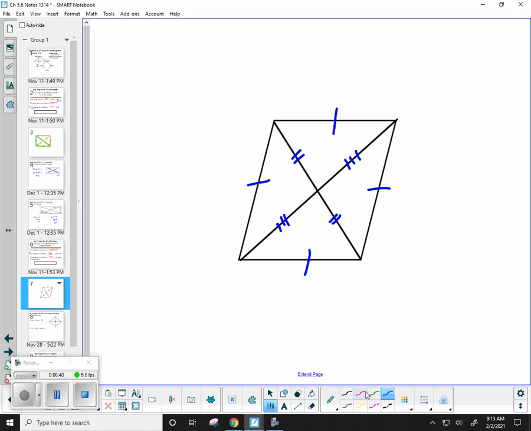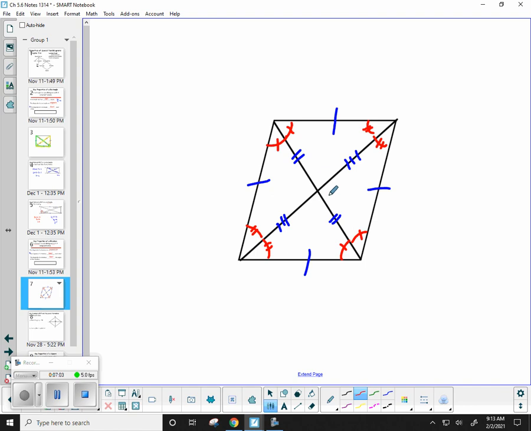So by CPCTC, I know that this angle, this angle, this angle, and this angle are all going to be congruent. I know that this angle, this angle, this one, and this one are all going to be congruent. I can say the same thing for all the ones in the middle.